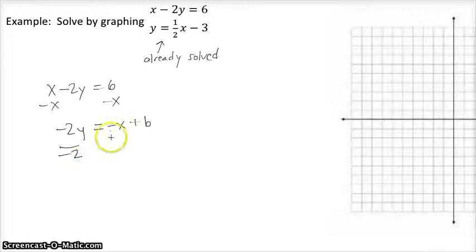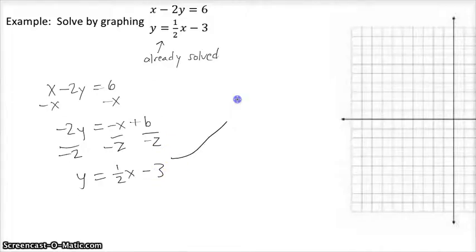Divide by a negative 2. And I get y is equal to 1/2 x minus 3. So again, notice here, I solved the first one and I got the exact same thing. I got the exact same line, just written 2 different times.